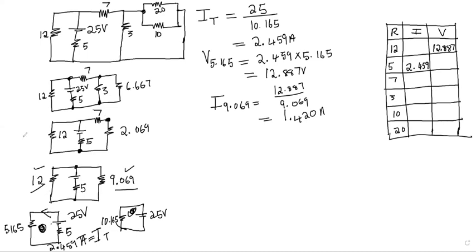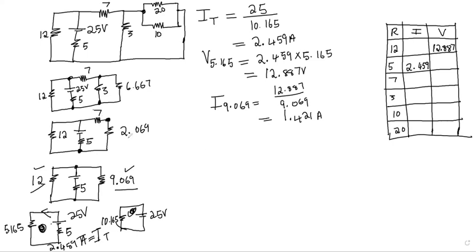Sorry, I have to round it off to three decimal places: 1.421 amperes. Therefore, the current that will flow through 7 and 2.069 is the total current through their total resistance, which is 9.069.